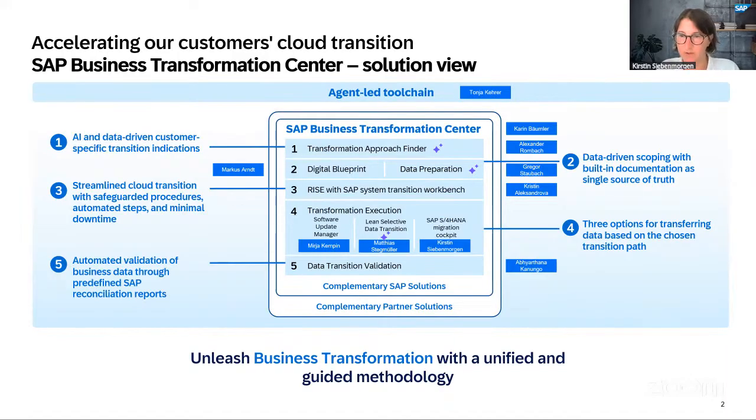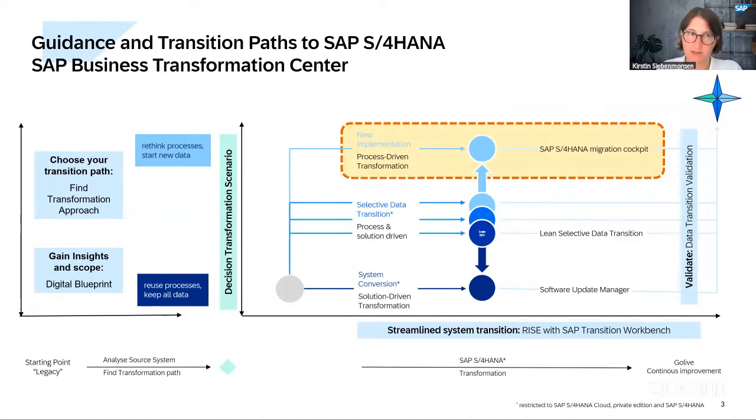So the session is about the SAP S/4HANA Migration Cockpit. And we have a look at the business transformation. It ends with the data transition validation. So before I dive deeper into the SAP S/4HANA Migration Cockpit, I want to give you a short recap about the different transition paths and the guidance within the SAP Business Transformation Center.